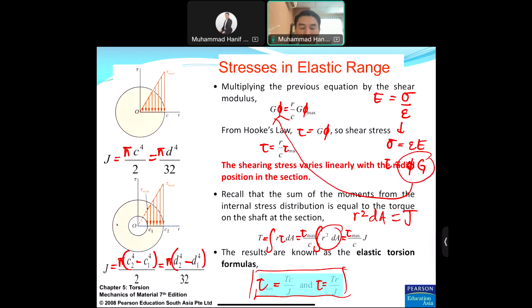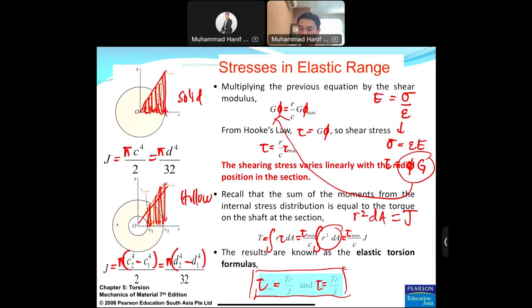Another thing you have to remember about the stress distribution is tau maximum. You have to understand how to draw the tau maximum distribution here, for the circular solid shape, and this one is hollow.